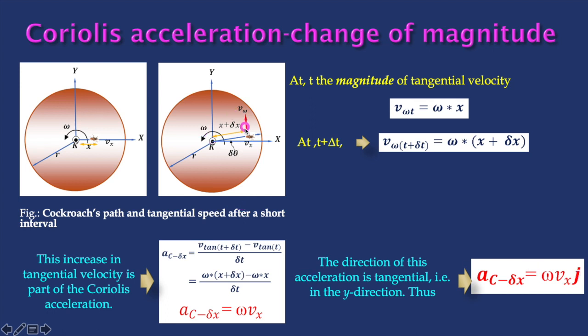Because you notice the change: the cockroach is moving in x direction, but this V omega direction is along j. So the change is also along j. Initially it was the direction of cockroach movement, finally this, and the change is along this. So j is the unit vector, as it is in y direction. So the x component of this Coriolis acceleration is ACX equals omega Vx j.